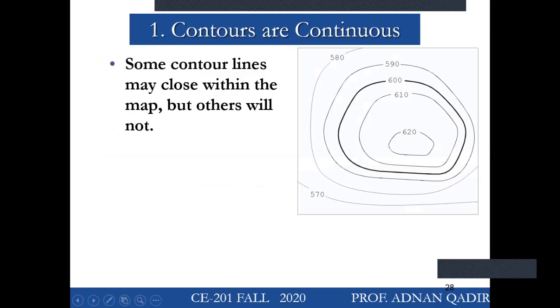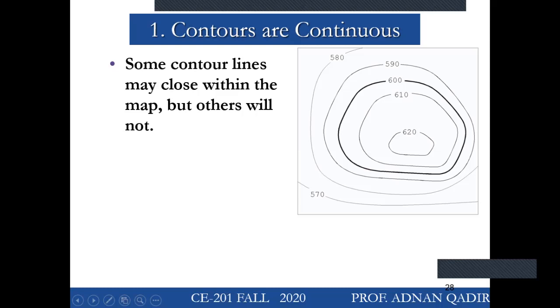So when I say some contour lines may close within the map, but others will not. For example, I've taken this 620, 610, these all are contours, but within my map, this 580, though it may be continuous, for this particular page, it is not closing, right? And say 570, sometimes it doesn't close at all.